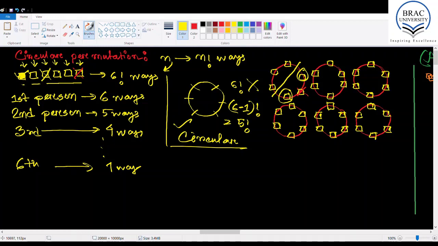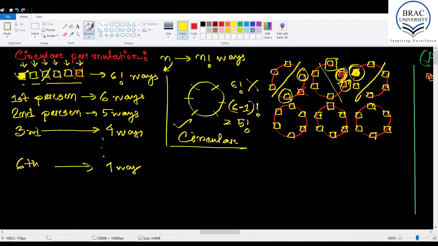Let's change the position of the first person. If he sits here, he would see 3 empty seats in front of him. He will see 1 empty seat to his left and 1 empty seat to his right. And similarly, if he changes the position and sits here, he will get the same view.